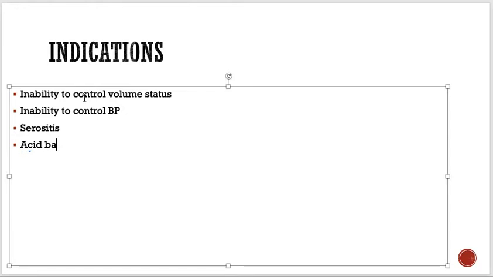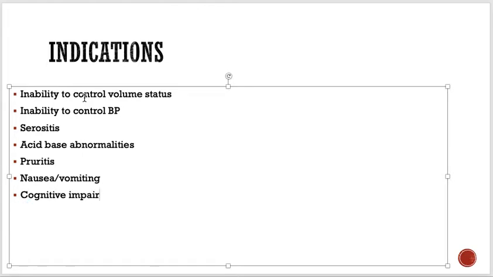If they have acid base abnormalities, acidosis, or whatever is going on, all of these show that things are accumulating inside the body. Nausea, vomiting, as well as deteriorating nutritional status or cognitive impairment.